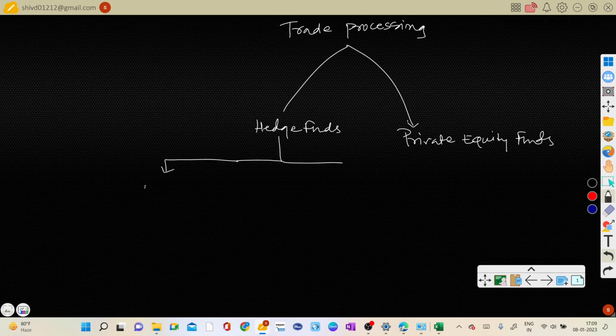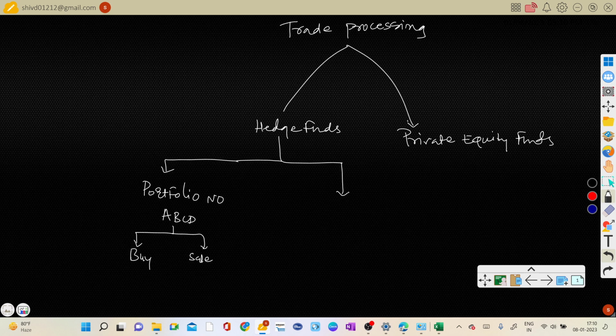portfolio, portfolio number or funds. Let's say portfolio ABCD. Because under portfolio, as a processor, we book the trades. We book buy and sell.